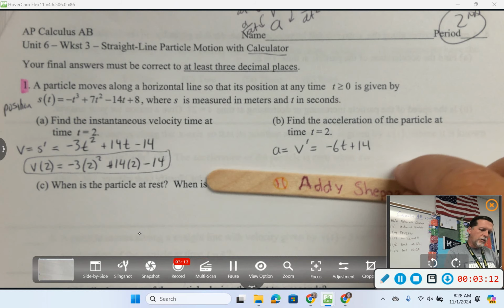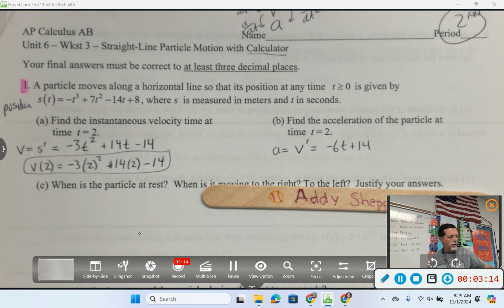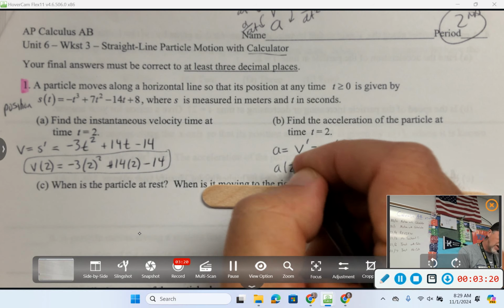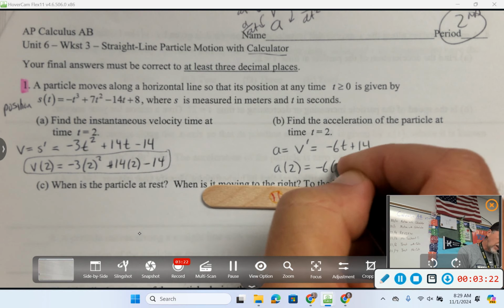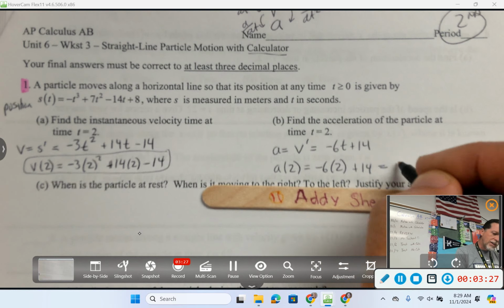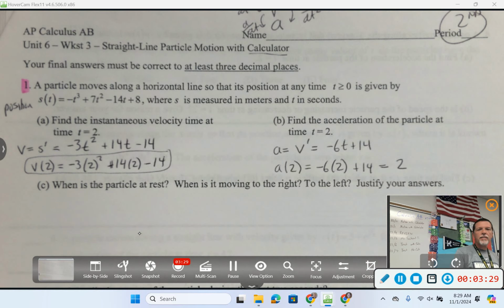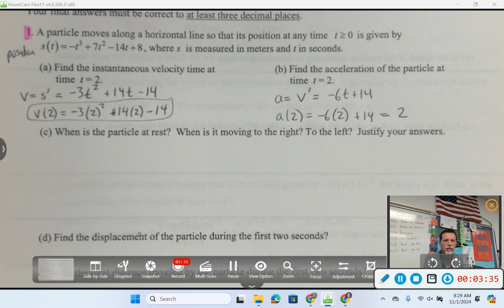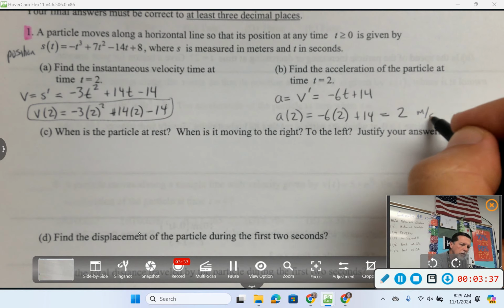So, Addie, if I want to find acceleration at time 2, what should I do? Plug 2 in for t. So negative 6 times 2 plus 14. Negative 12 plus 14 is 2. It's not asking me for units, so I don't have to give units, but it would be meters per second squared.